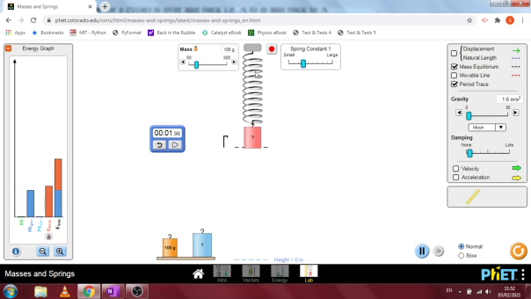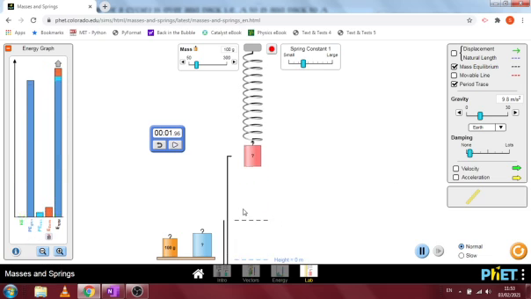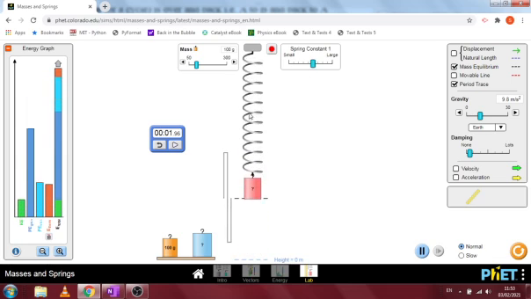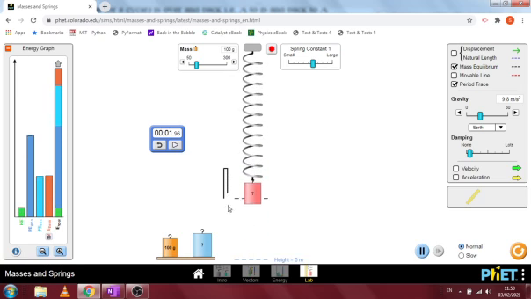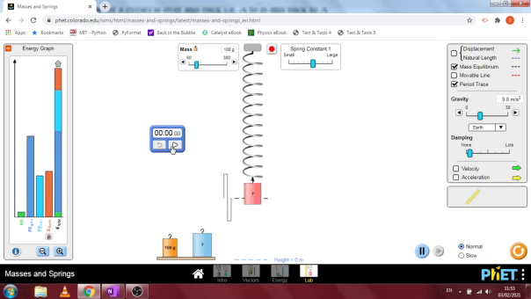If I adjust my gravity, and again, this will affect where the mass goes. So if I take it to Earth, we have again tracing out our cycle, and we can see that it's moving quicker. I'll make a larger spring constant, so that's going to be a stronger spring, so more difficult to stretch. So there we get our full oscillation up and down, so that's our period. The time that takes, check it again, so again, about 1.5 seconds.